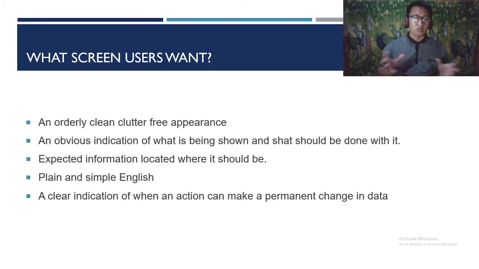Like for example, if you are navigating in your cell phone, you want to go to the settings. You expect that when you click that button, you will navigate into the settings. So that's how it works.